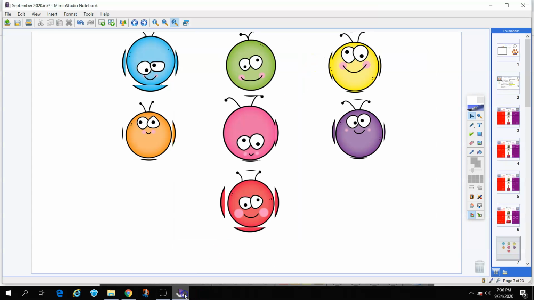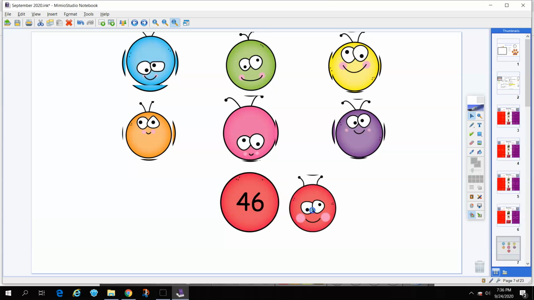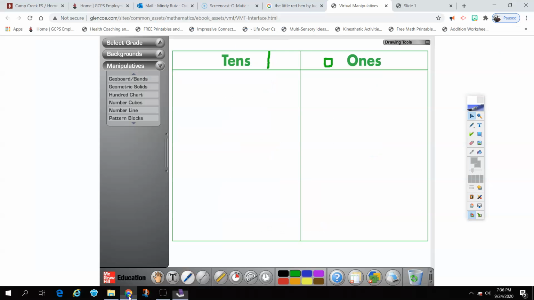All right, let's check out the caterpillars that we've been working with all week. So let's start with our red caterpillar. Ooh, his number is 46. So let's go back over here and we are going to draw the number 46. So how many tens are in 46? If it helps you, you can write the number 46.